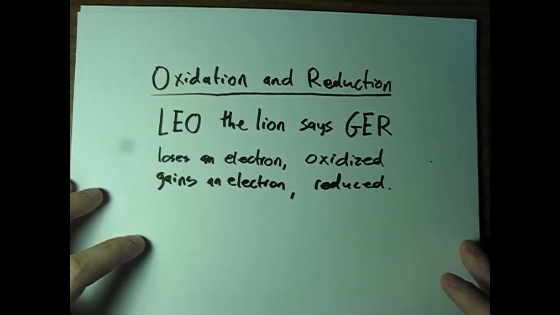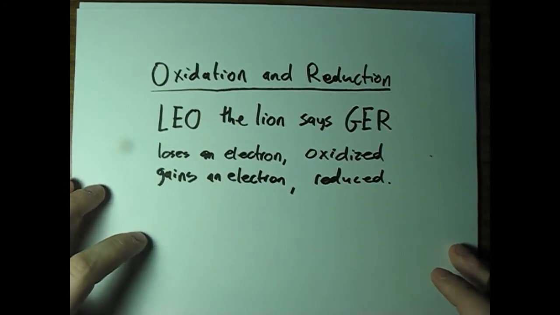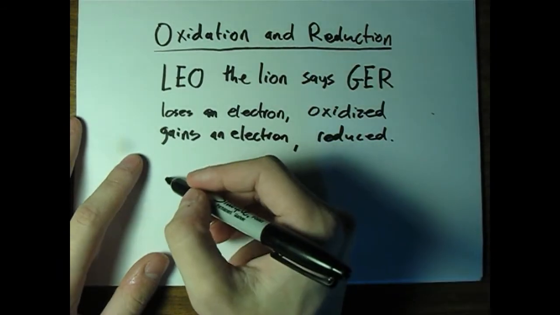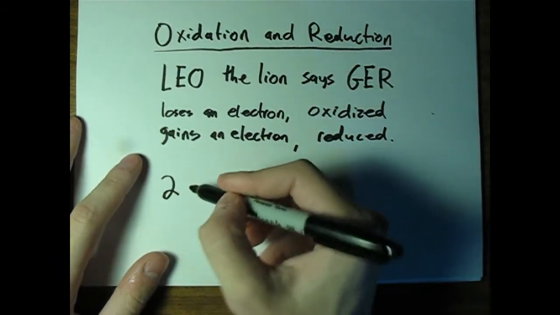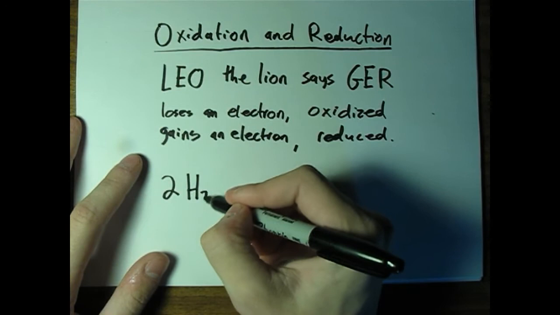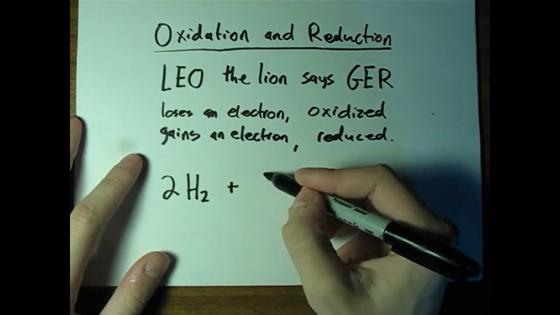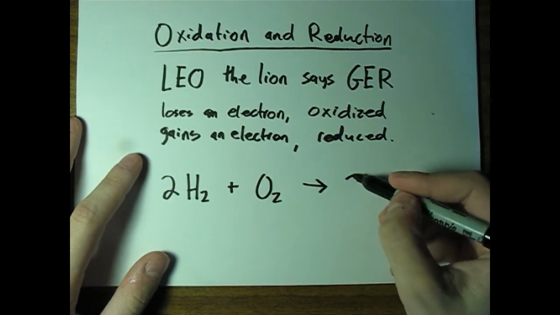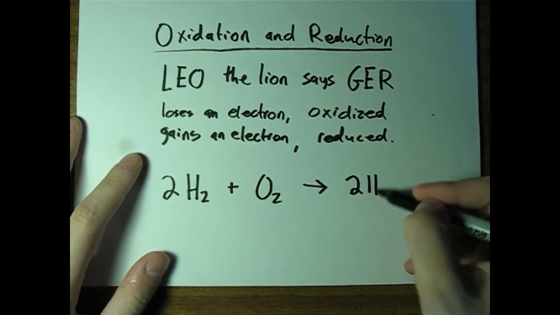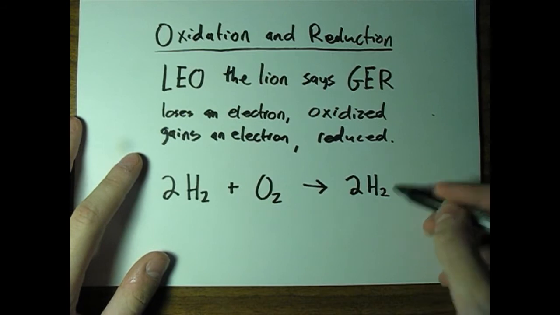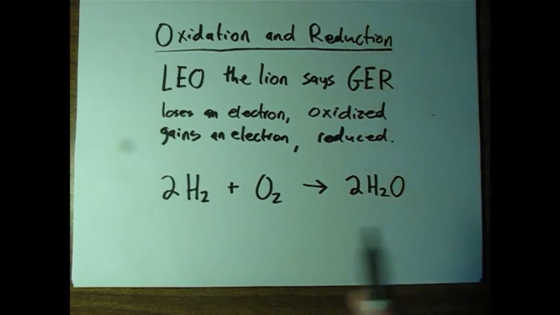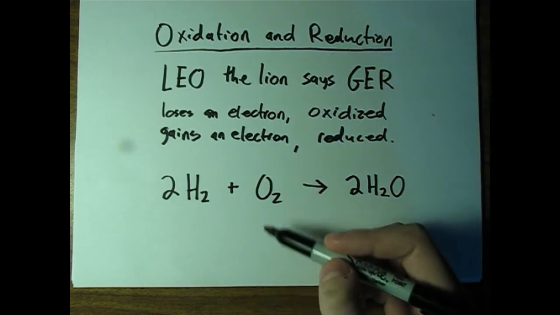So let's give an example of a redox reaction. We'll have a few hydrogen atoms combine with oxygen, and we'll get two water molecules. So what happens here? The oxidizer is oxygen.